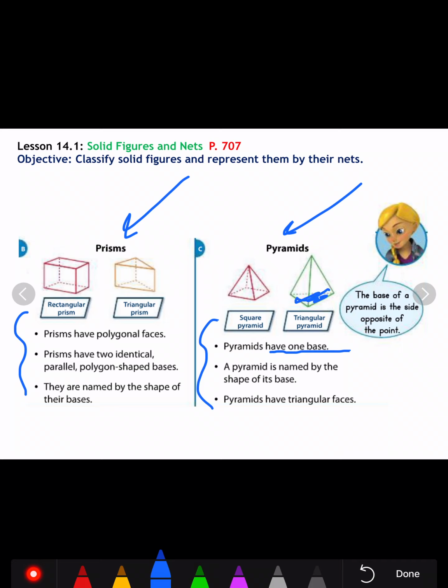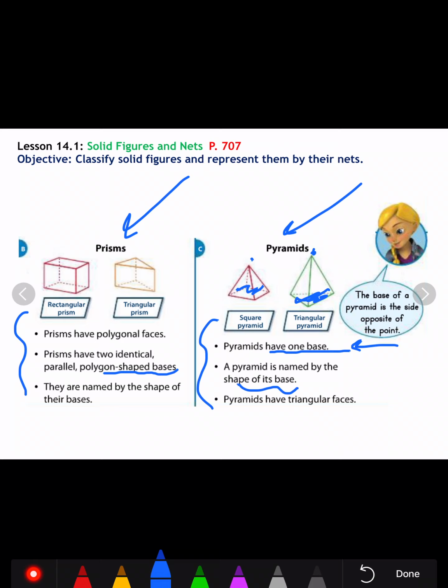You can see here this one base is opposite to its vertex. The base of the pyramid is the side opposite to the point. Prisms have 2 identical parallel polygon-shaped bases, and pyramids have one base. This is very important.